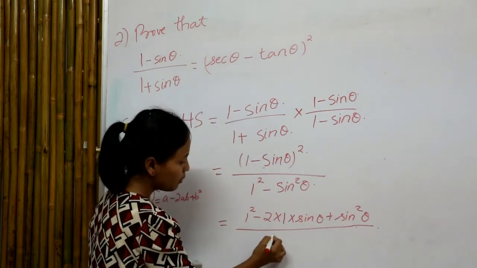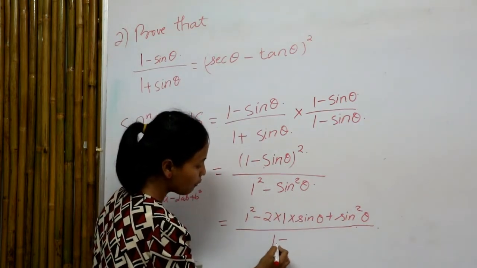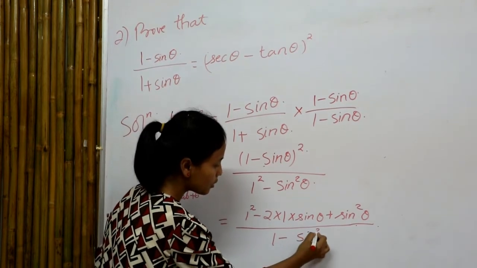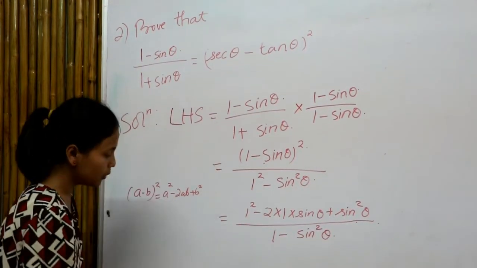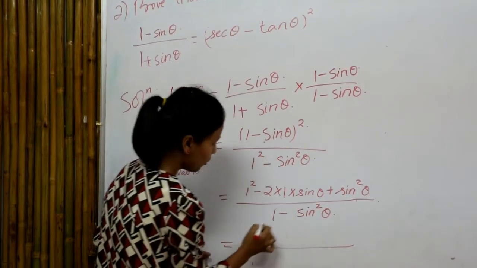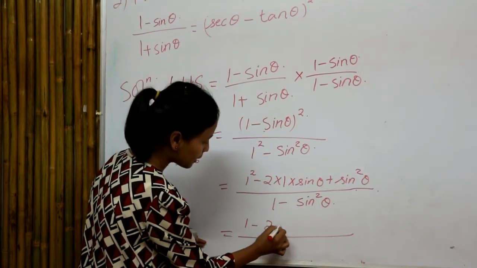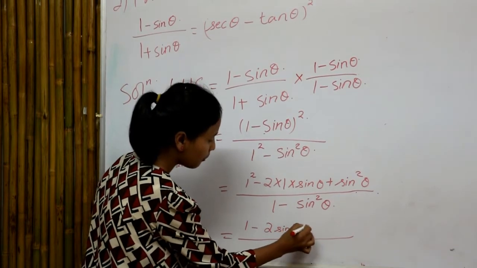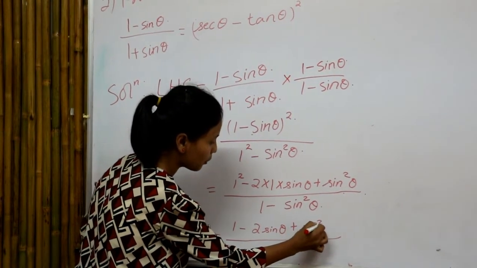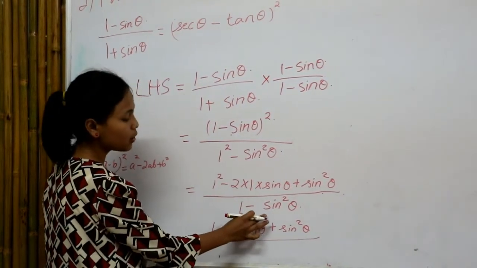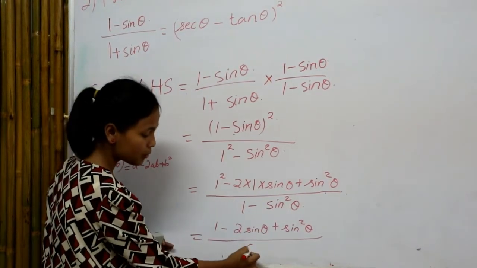Alright, now in the denominator we have 1 minus sin square theta. Okay, in the numerator we get 1 minus 2 sin theta plus sin square theta. In the denominator, 1 minus sin square theta is cos square theta.